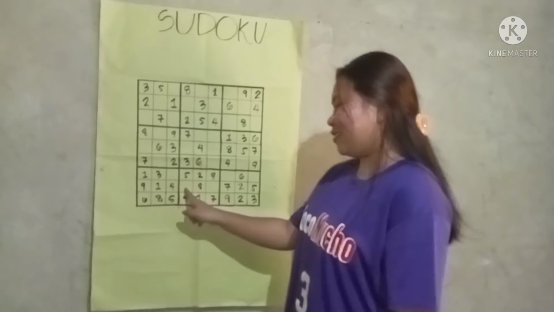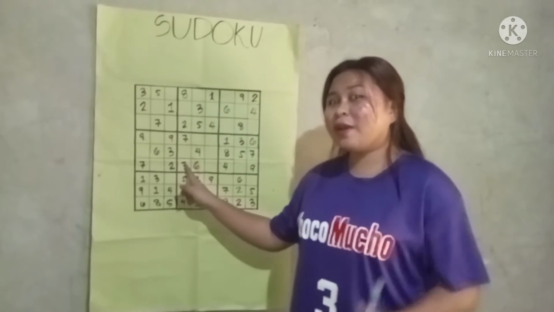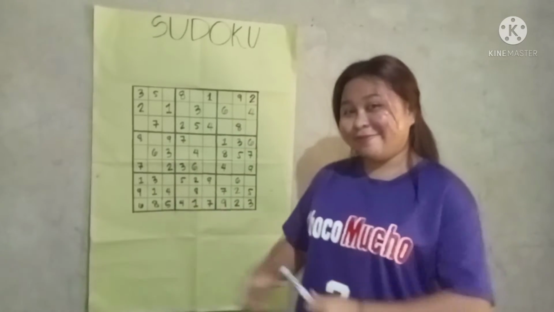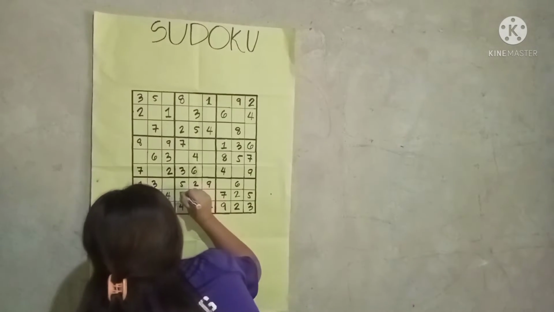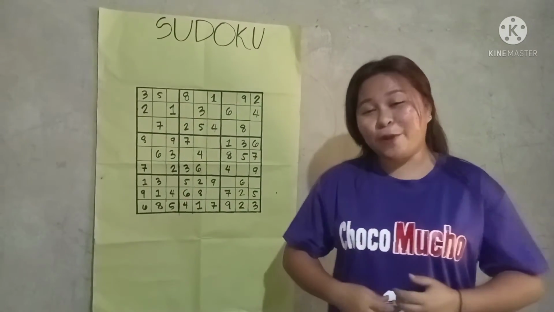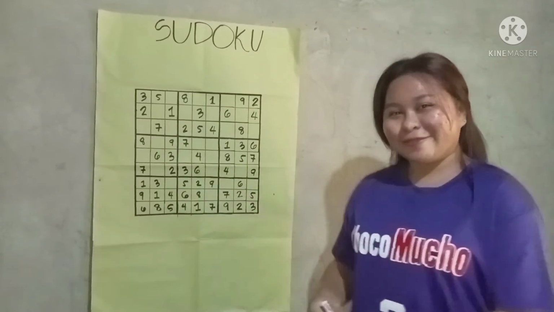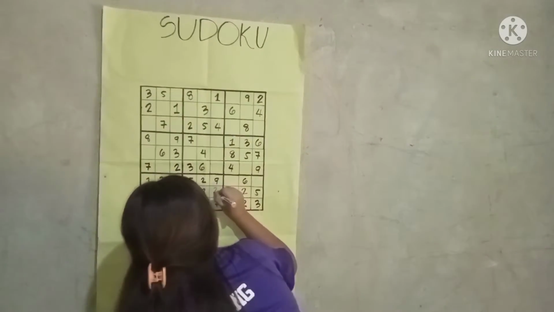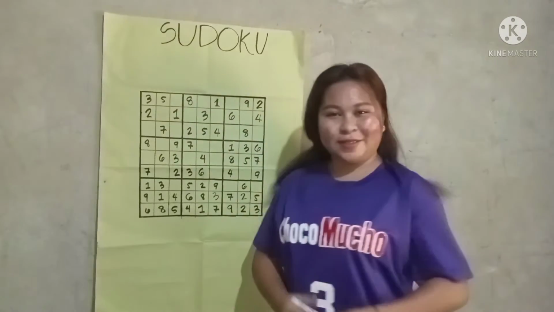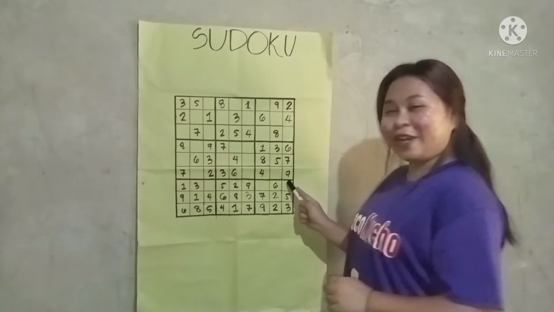In this box, as you can see in the line, there's number 3. So we're gonna put the number 6 in here. And the remaining number is number 3. So the number 3 will be put in here. So, there. Now, let's proceed to row number 3.